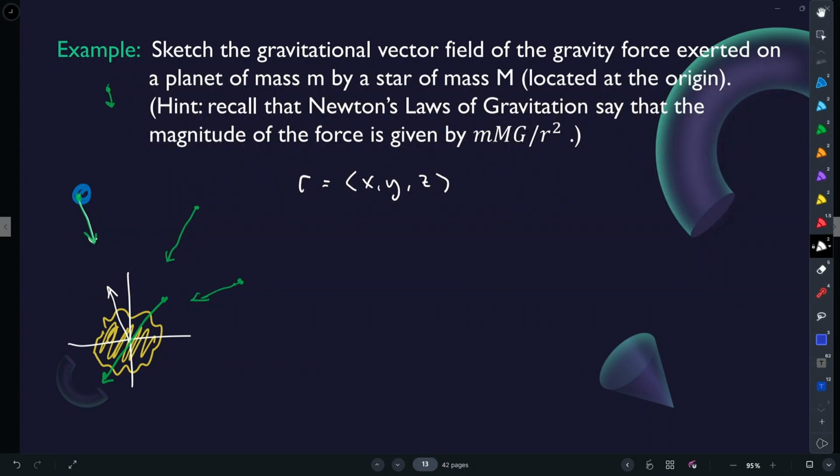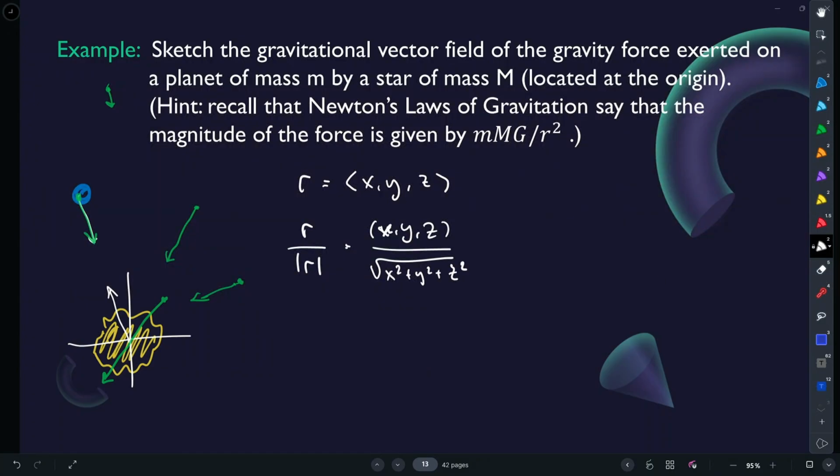So what is a unit vector in the direction of the planet? That would be r divided by its length. So that is the vector x, y, z divided by the length of the vector.